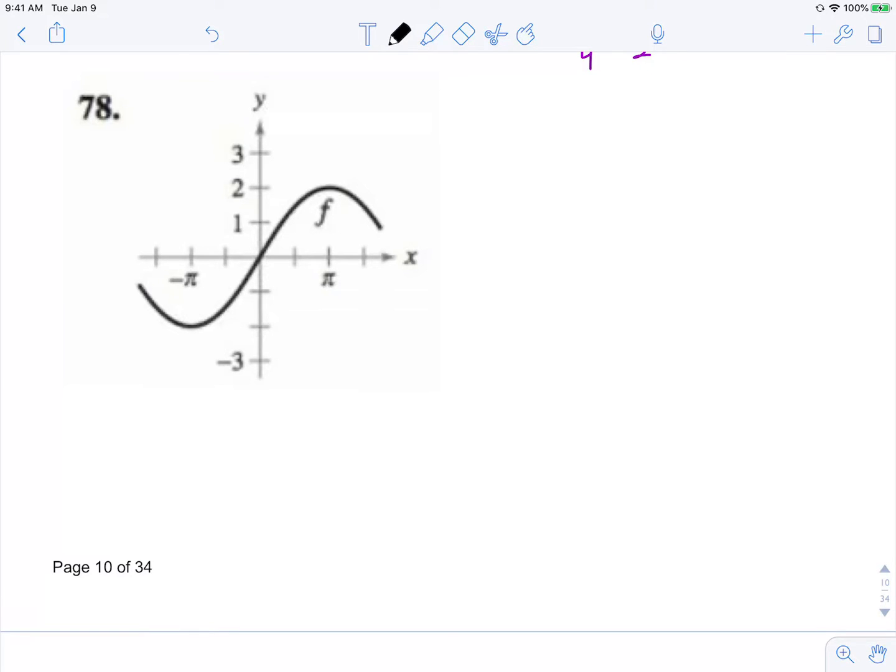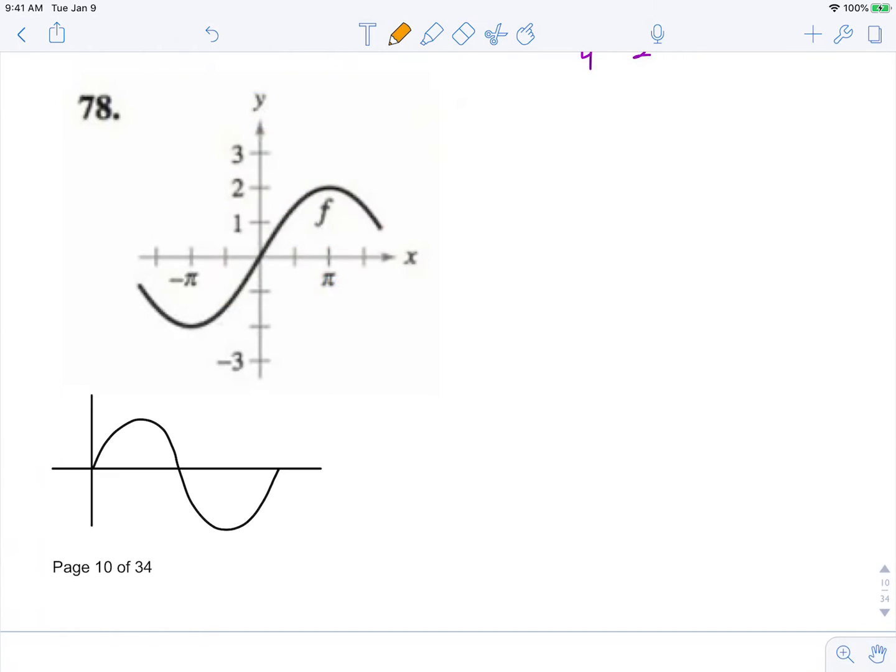Hey guys, in number 78, now when we look at this graph, we're trying to see sine. So a reminder, sine normally looks like this for one full period.